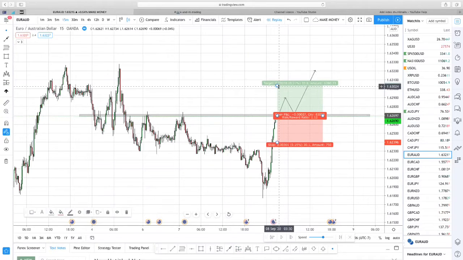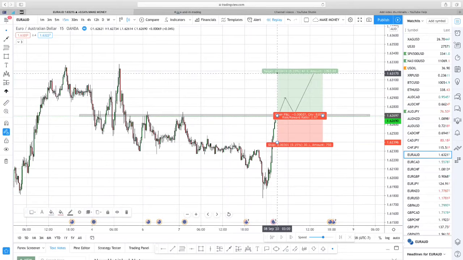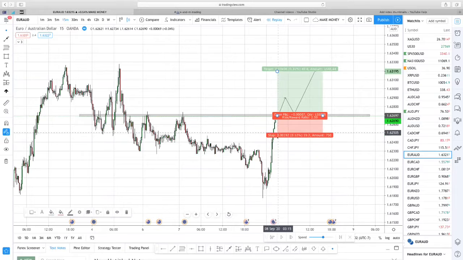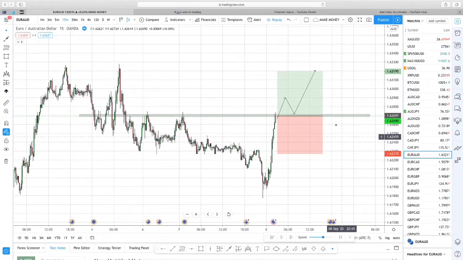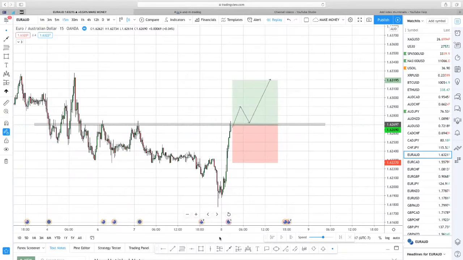But let's just say that you're placing your target all the way up here, and then your stop loss can be below these previous levels. So now you're waiting, watching your chart, setting your alarm, whatever you have to do to notify you that when price comes up here, you check your chart and place your trade.